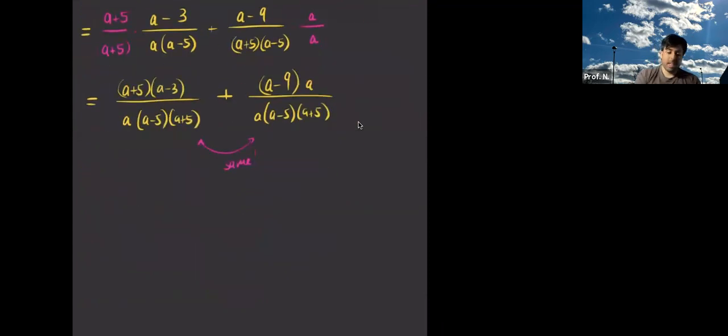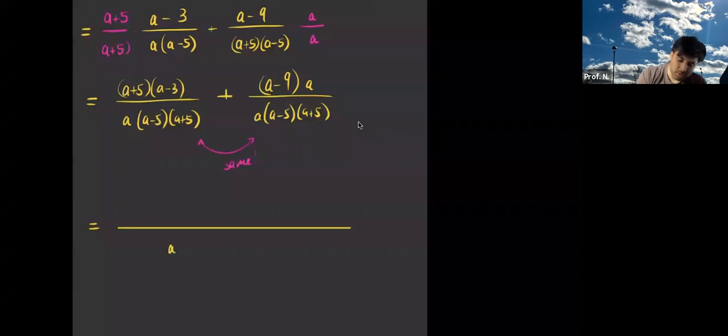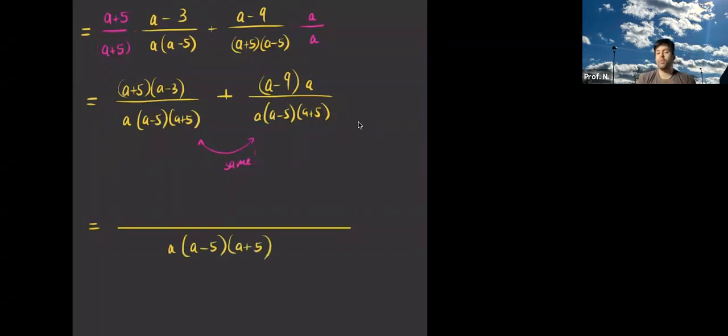So again, we keep the denominators exactly the same, guys. The denominators now don't change. The denominators are exactly the same, so we just keep the denominator all together. But what we have to take care of now is the numerators.